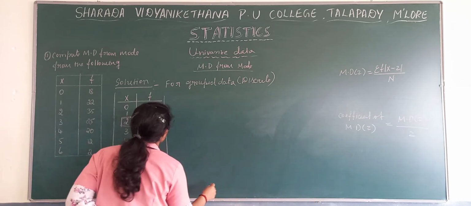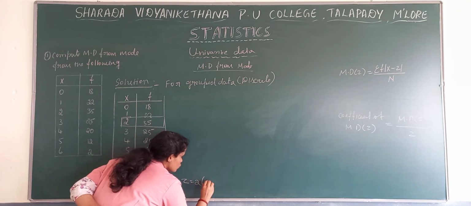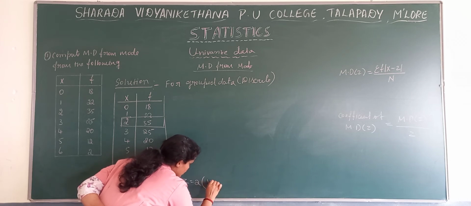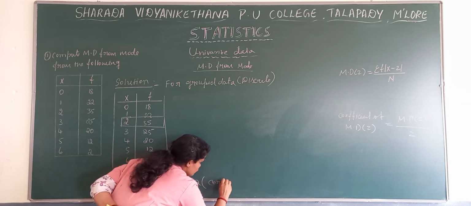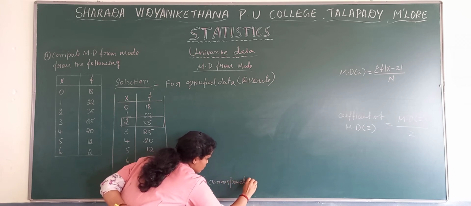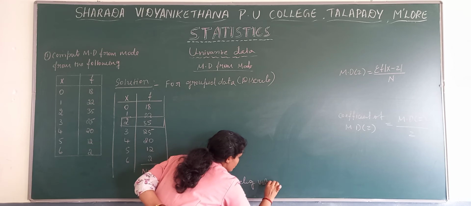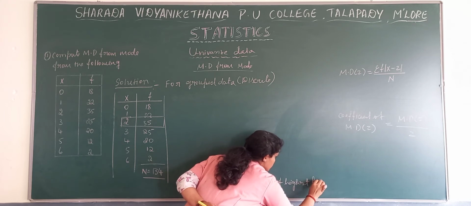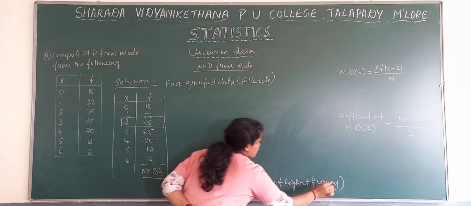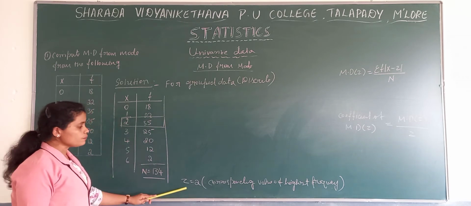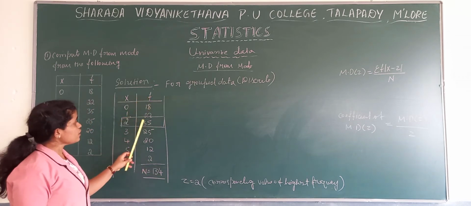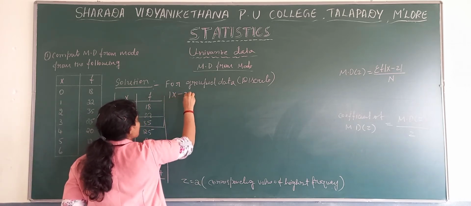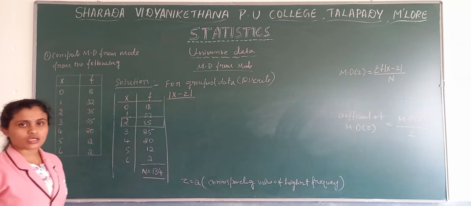So here mode is equal to the x value corresponding to the highest frequency. Now in case of a problem, first you find the mode, then you go to preparation of the columns. So the next column is modulus x minus z.